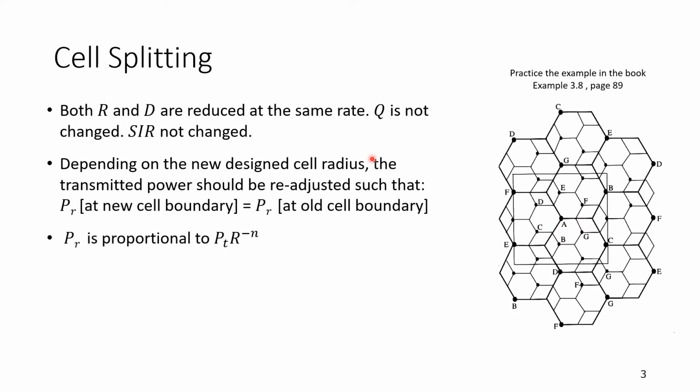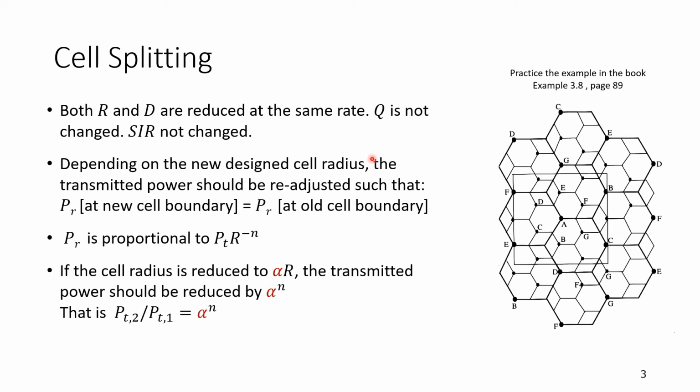And since PR is proportional to PT times the radius raised to power minus n, then the reduction in power, if the radius of the cell is reduced by alpha r, so we have, let's say, half of the original radius or a quarter, then the transmitted power should be reduced by a factor which is alpha raised to power n.